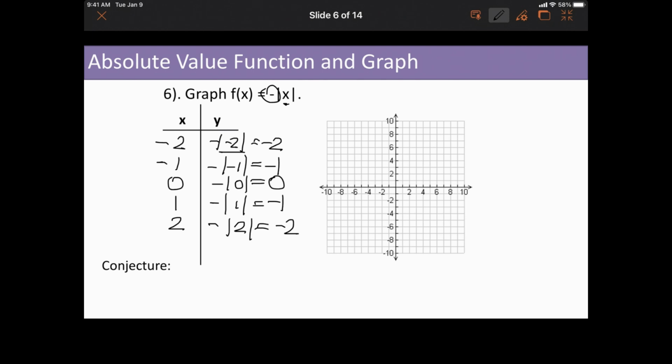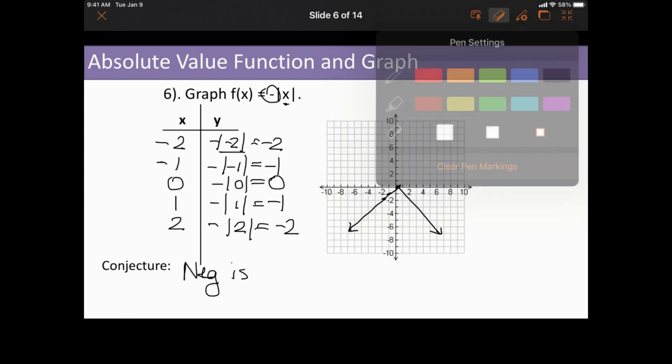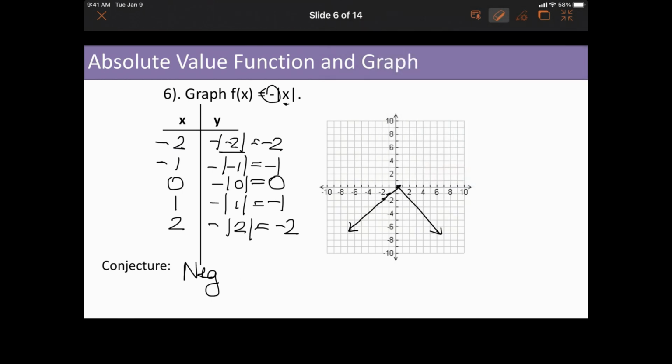So for this graph, it's going down. So what happens? There's a negative. If there's a negative in front of the absolute value, then what's happening to our graph?